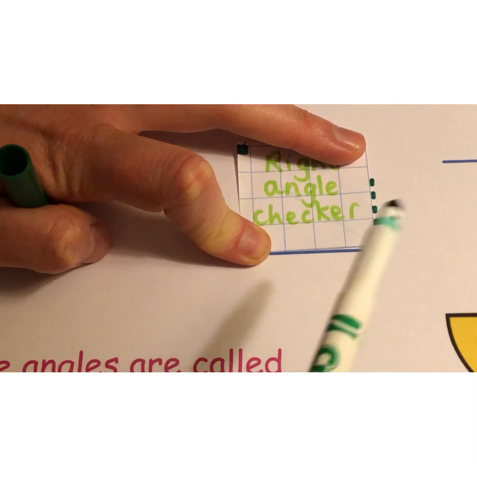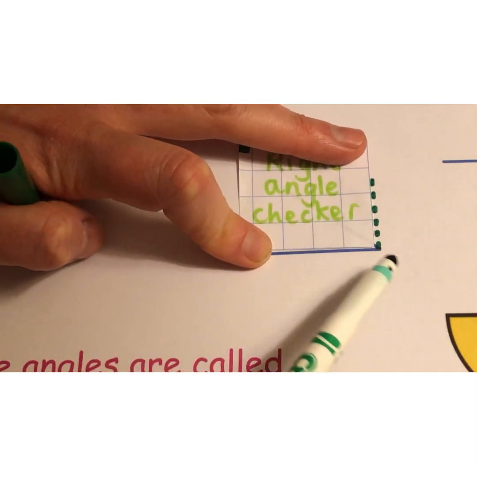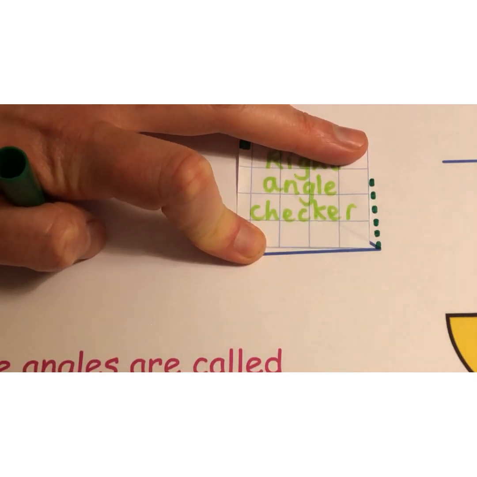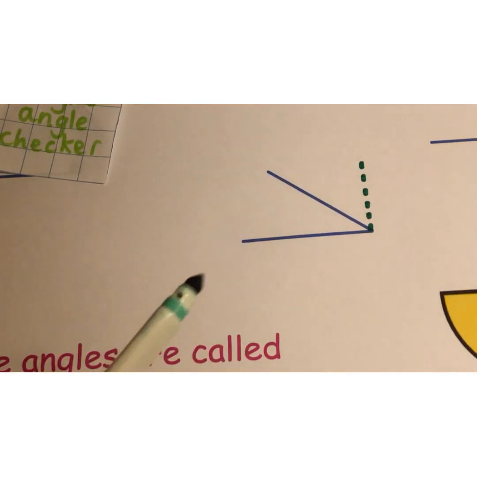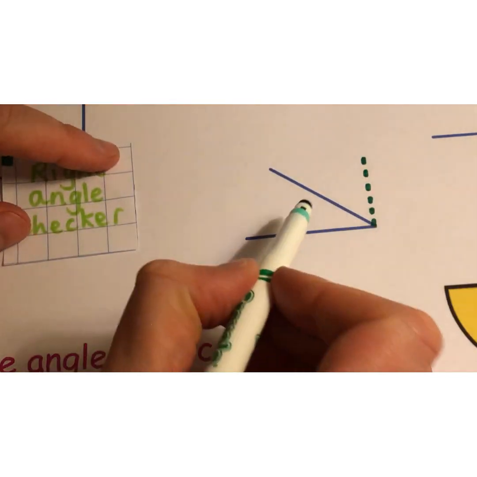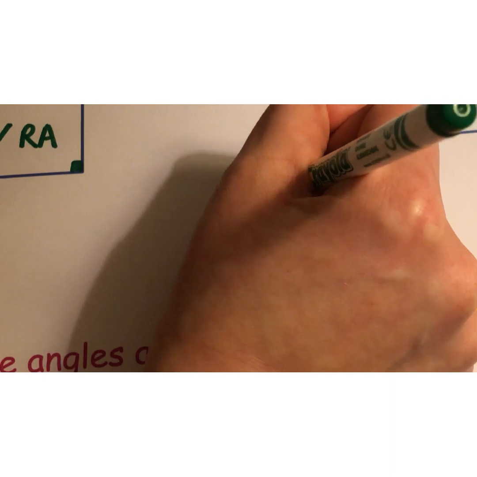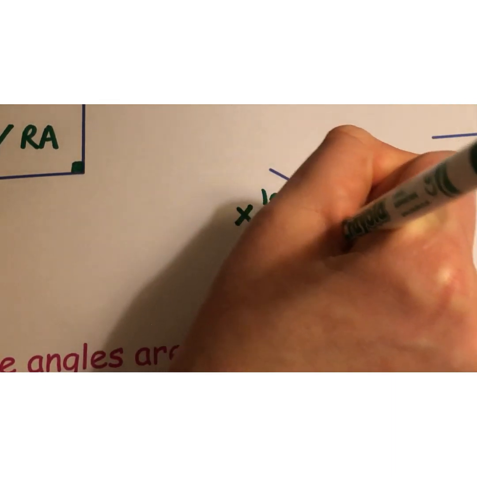Is this angle, because we've got our line, haven't we, that's on this angle coming this way, you might be able to just faintly see it over here. Is it bigger or is it smaller than a right angle? Well done if you said smaller. It is smaller because we can't see it, it's covered up. The right angle would be there, it's smaller. So it's not a right angle, it's less than a right angle.